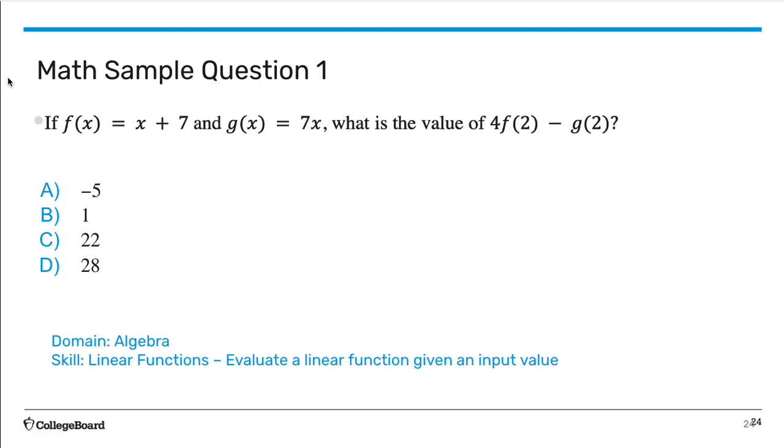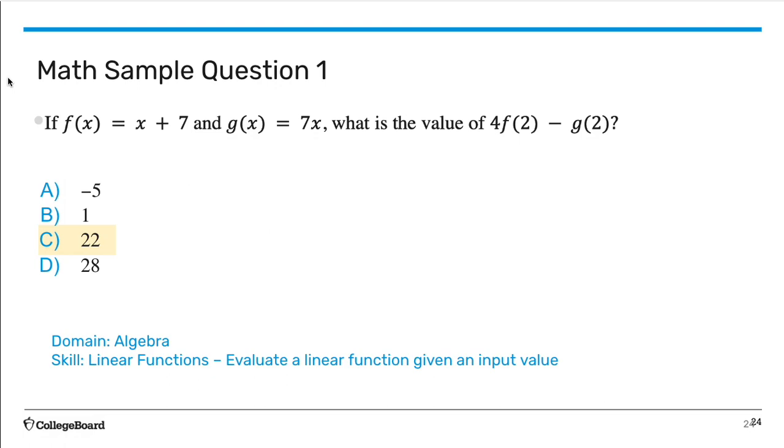So in this case, we're given that x equals 2, and so the best choice is answer C. The value of f of 2 can be found by substituting 2 for x in the given equation f of x equals x plus 7, which yields f of 2 equals 2 plus 7, or f of 2 equals 9. The value of g of 2 can be found by substituting 2 for x in the given equation, g of x equals 7x, which yields g of 2 equals 7 times 2, or 14.